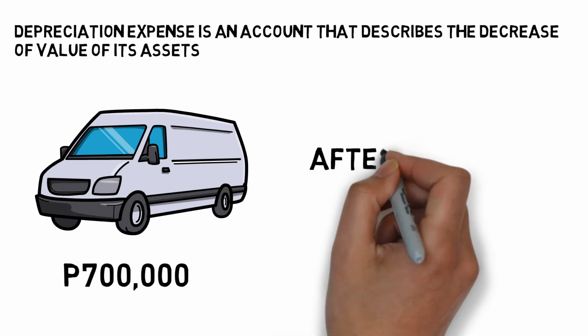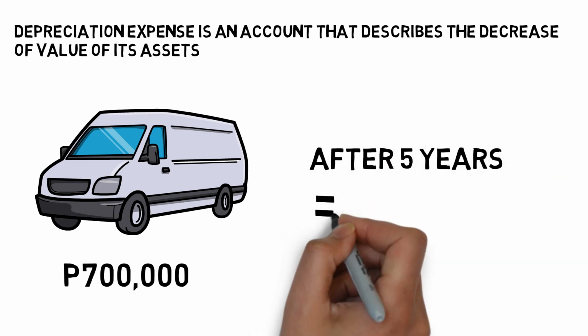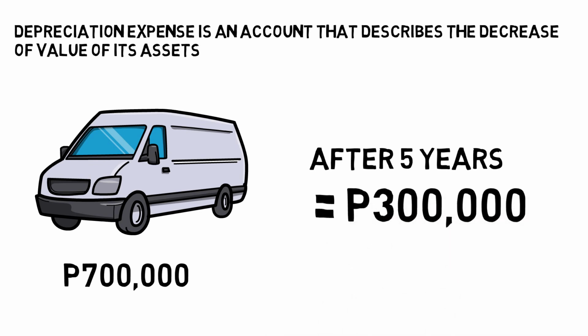After 5 years of using the vehicle, the value now decreased to only 300,000 pesos. This is because all the parts of the vehicle are already 5 years old and are already torn and worn because of the continuous usage of the vehicle.